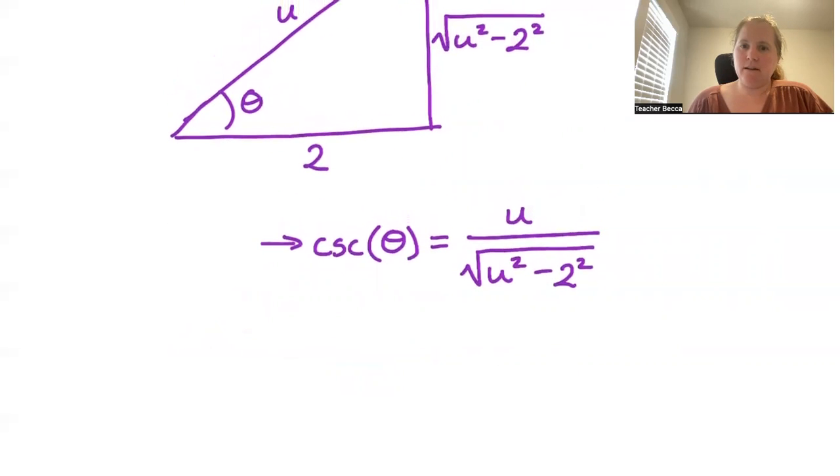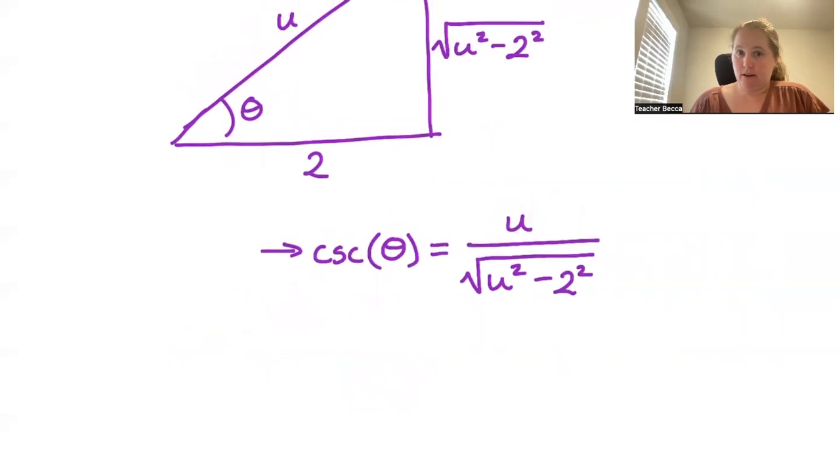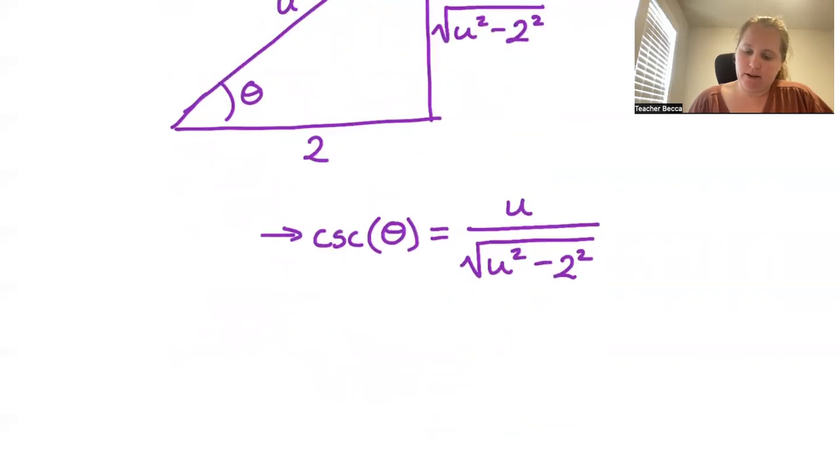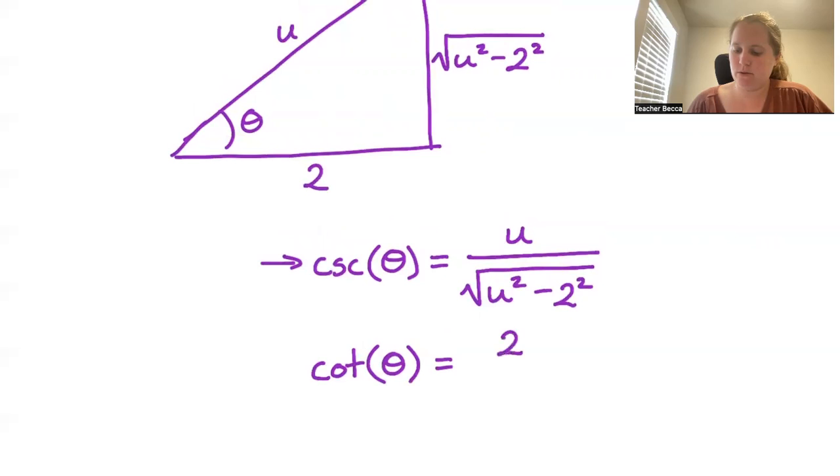In addition to that, we have cotangent of theta is adjacent over opposite. So that is 2 over the square root of u squared minus 2 squared.